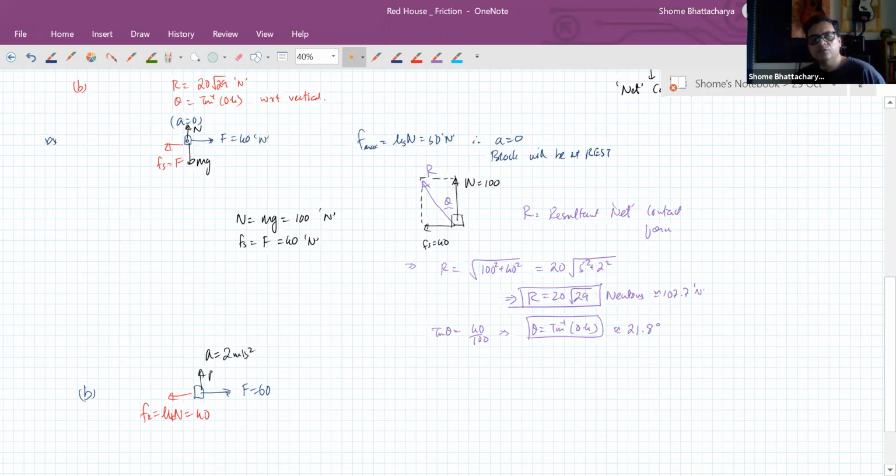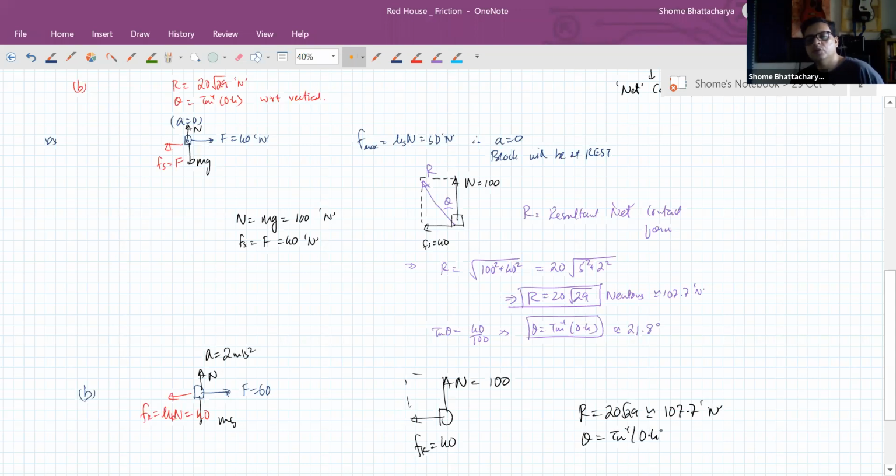But that doesn't really matter for us over here because we are only interested in the vector sum of normal reaction, which is 100 newtons, and this time kinetic friction, but the value is the same, 40 newtons. So theta is tan inverse 0.4 or 21.8.